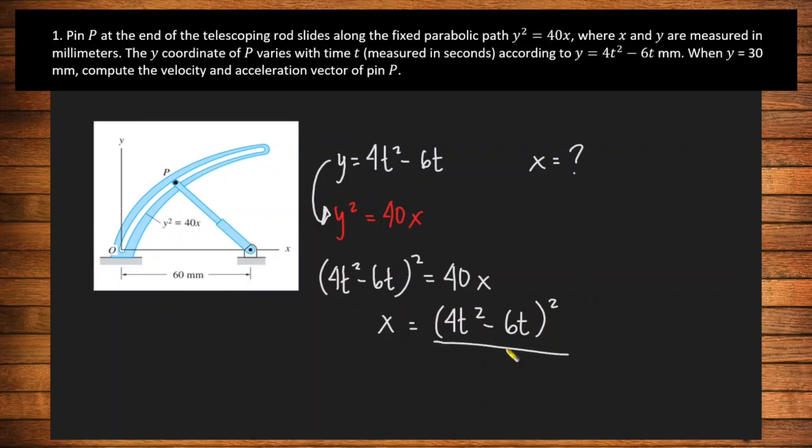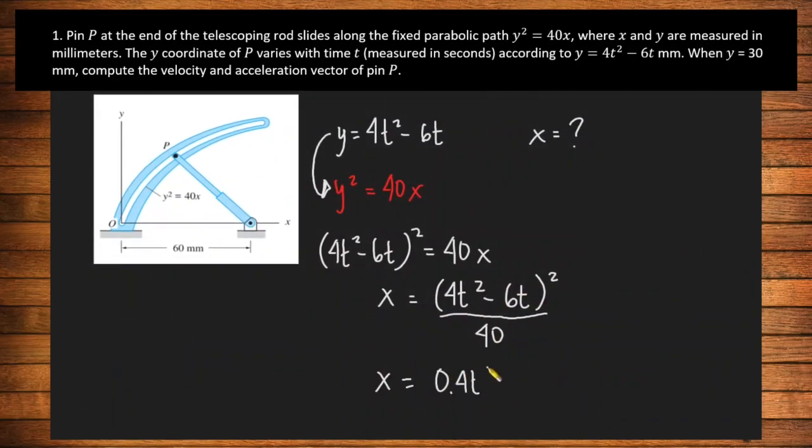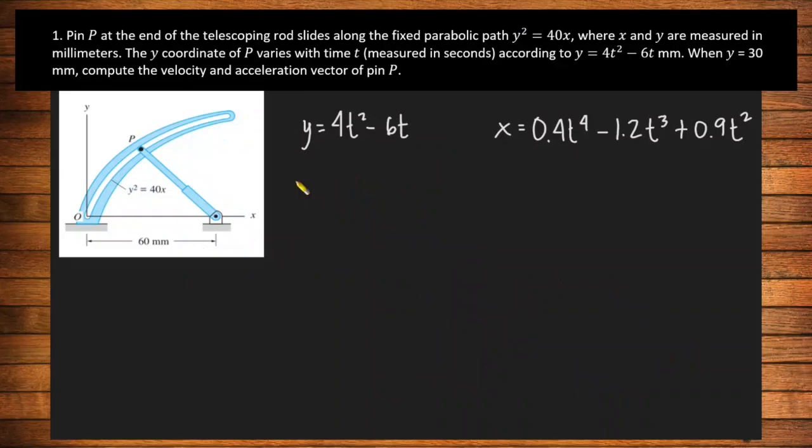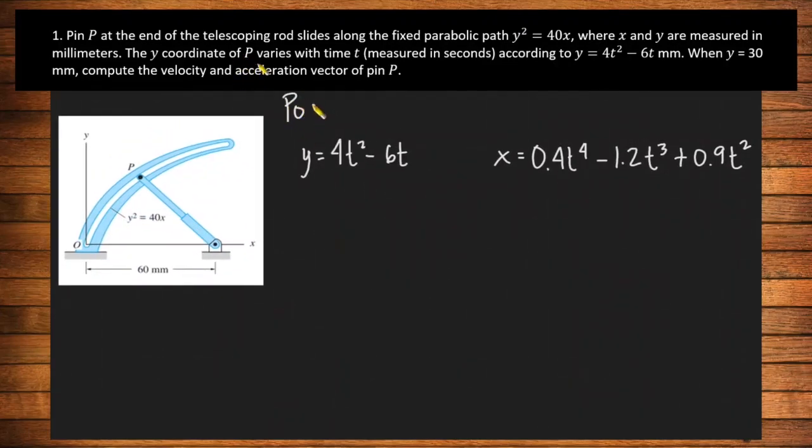So, if we simplify this for a bit, we will end up with this equation. x equal to 0.4t to the fourth minus 1.2t cubed plus 0.9t squared. So, ngayon, meron tayong equation for our x coordinate in terms of time t. So, these equations will be the components of our position vector.